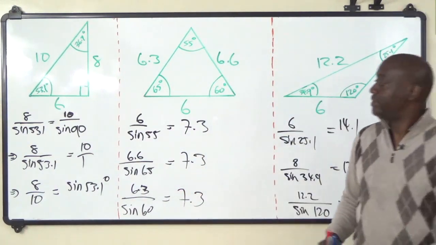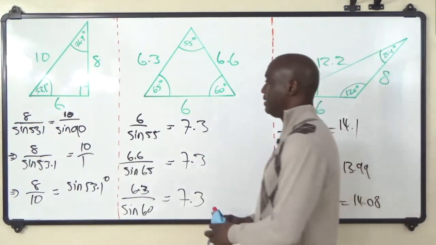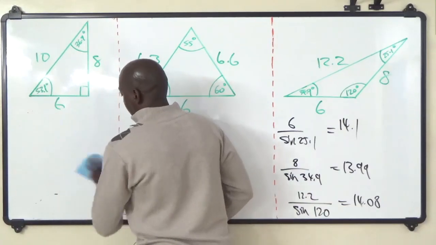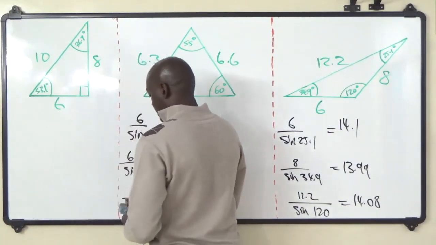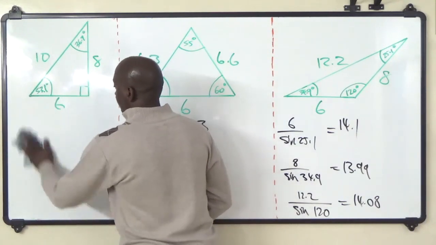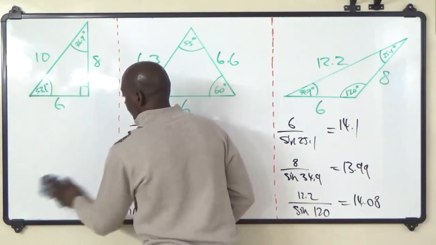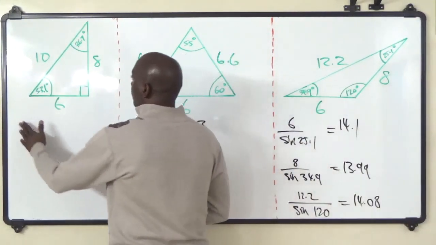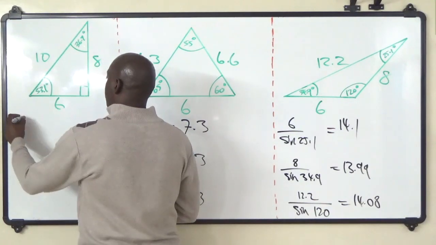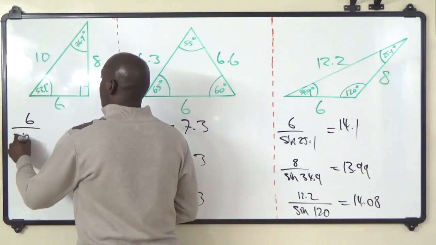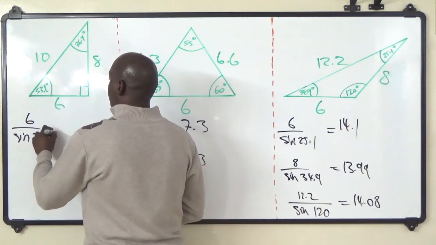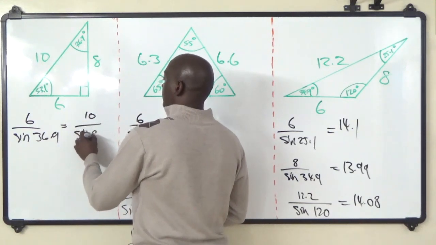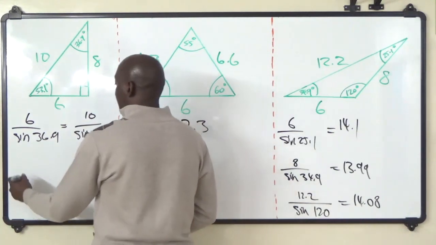Let us say, for the sake of argument, and I'm being very specific now, that we can say, let me use the 6 now, 6 over sine 36.9 is equal to, again, 10 over sine 90. Of course, sine 90 is equal to 1.